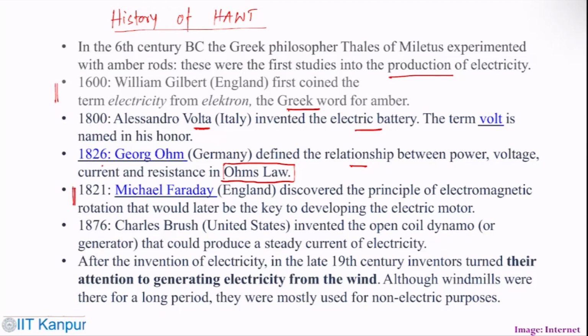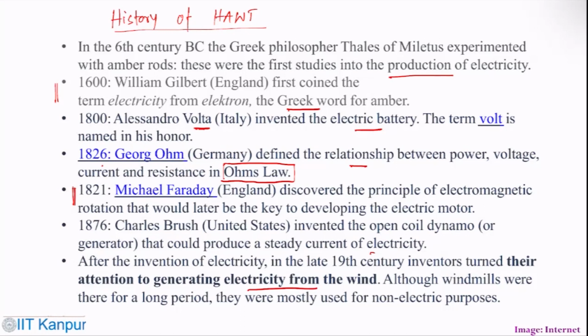In 1876, Charles Brush invented the open coil dynamo, so the generator could produce a steady current of electricity. After the invention of electricity in the late 19th century, inventors turned their attention to generating electricity from the wind. Although windmills had been there for a long period, they were mostly used for non-electrical purposes.